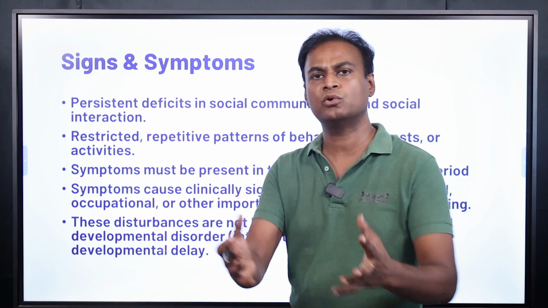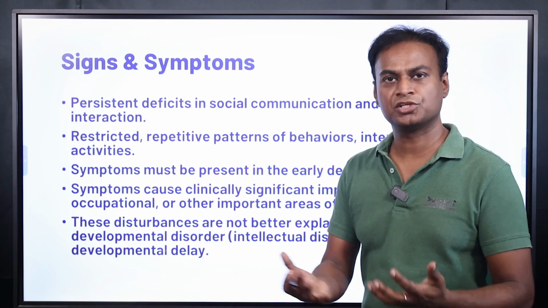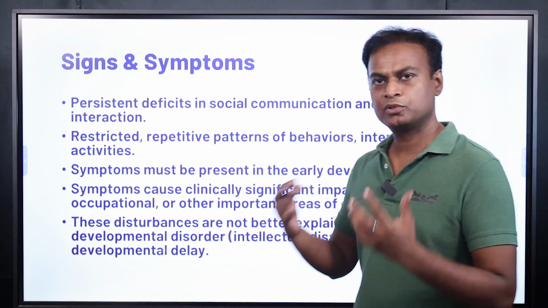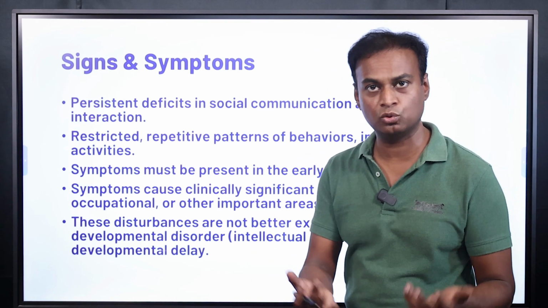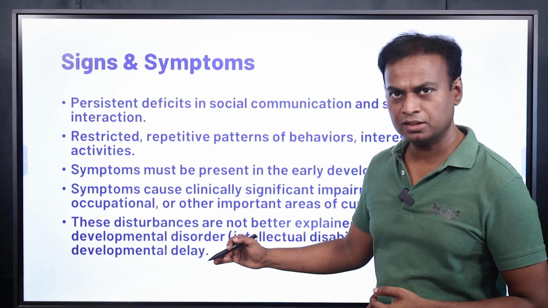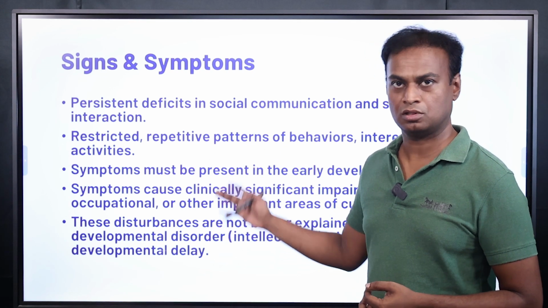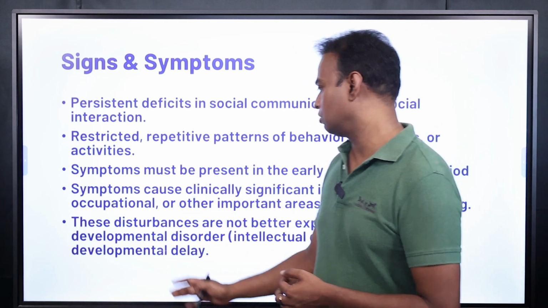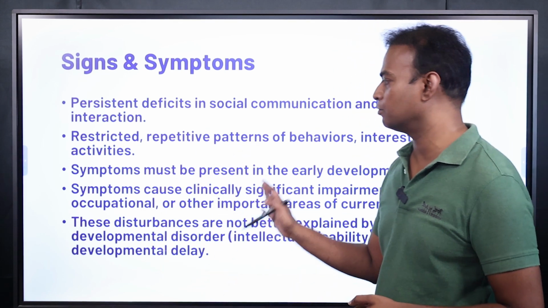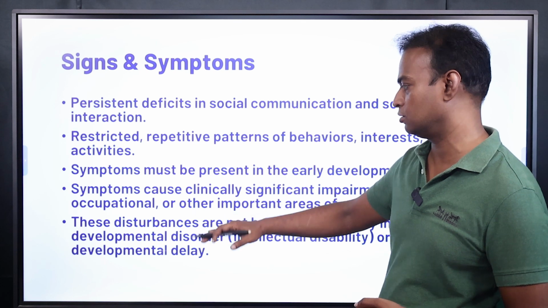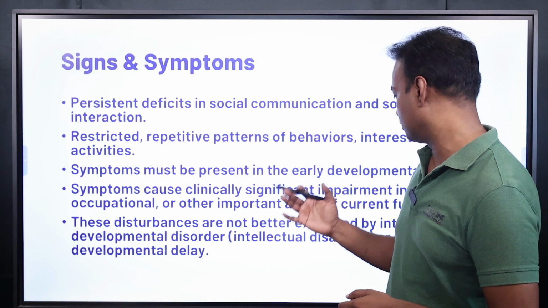Some people have low IQ, they are not able to function properly, or they have adaptive difficulties, they are not able to adapt to a particular situation because they have low intelligence. Low intelligence will not amount to autism. Low intelligence or intellectual developmental disorders are completely different from autism. You should not be confusing. These are two different diagnoses.